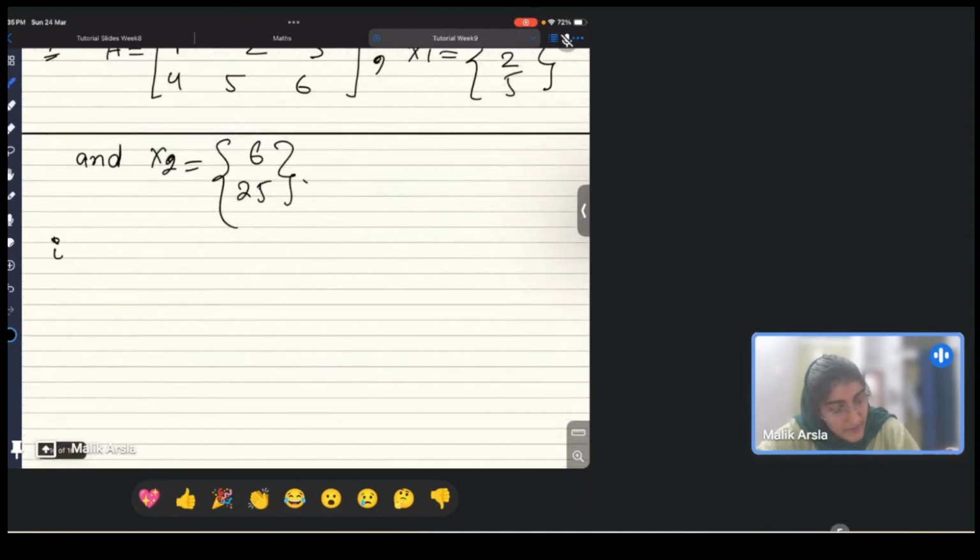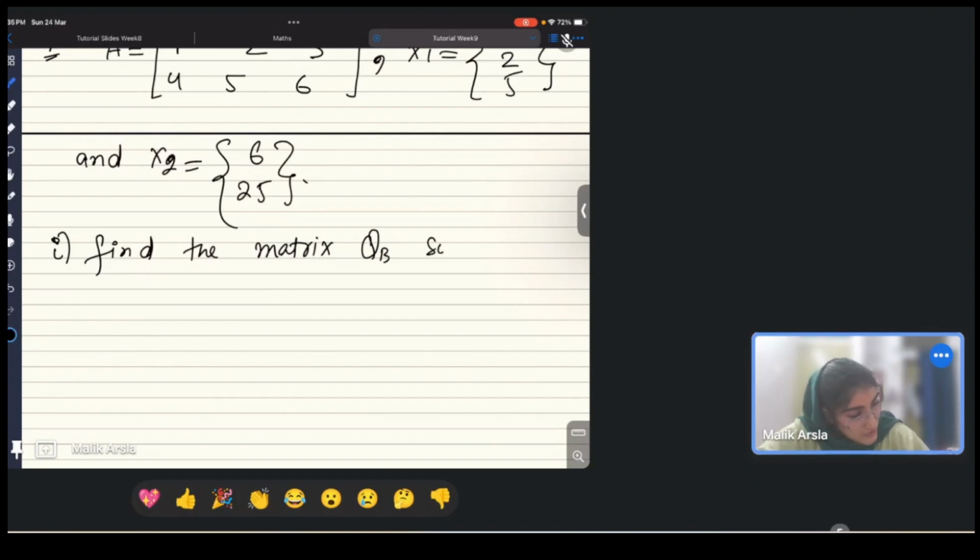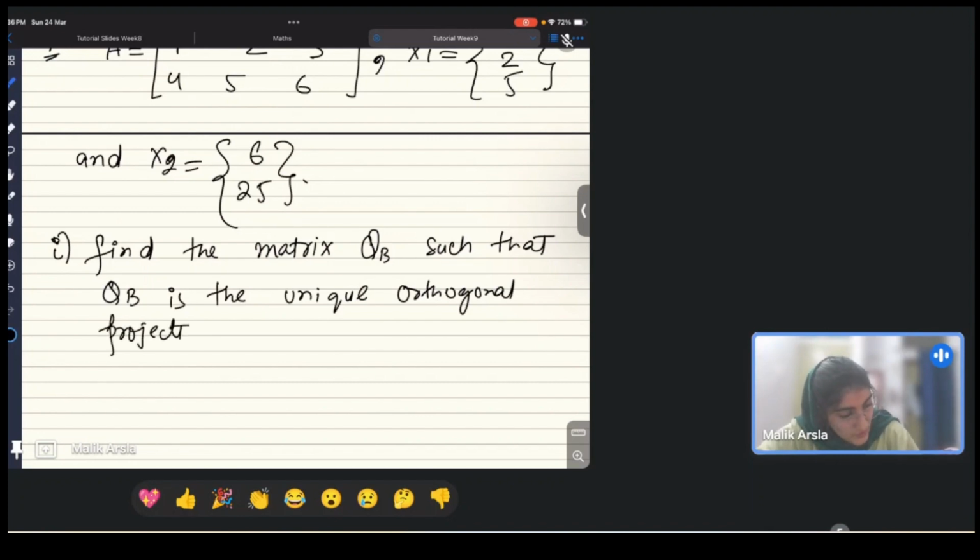Now the first part is: find the matrix QB such that QB is the unique orthogonal projection onto the range space of A transpose with QB x1 equal to x1.